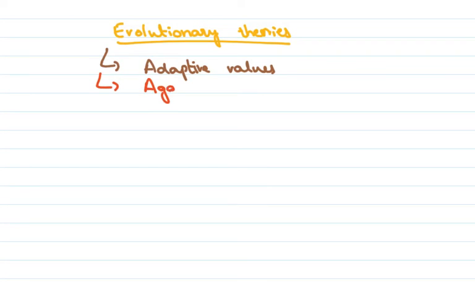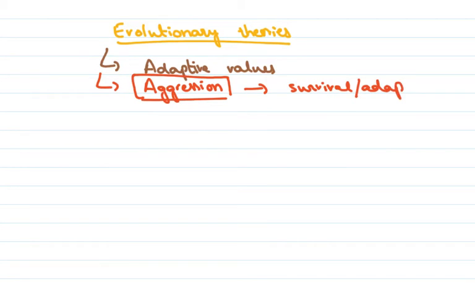The way evolutionary theorists would explain aggressive behavior is that aggression has particular survival value or adaptive value, in the sense that if you have members of a species living together and one of them is very aggressive, they might come across as more dominating.